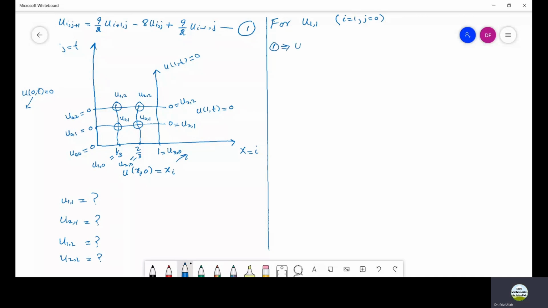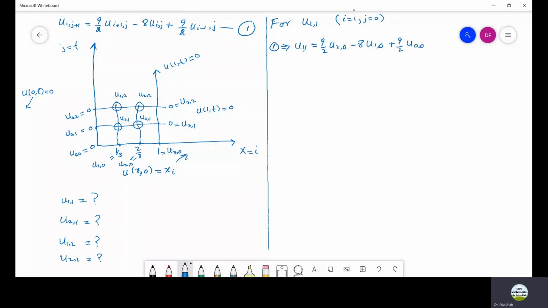From 1 we have u1,1 is equal to, so to get the values, just put i is equal to 1 and j is equal to 0 in equation number 1. And we can get 9 by 2 u2,0 minus 8 u1,0 plus 9 by 2 u0,0.